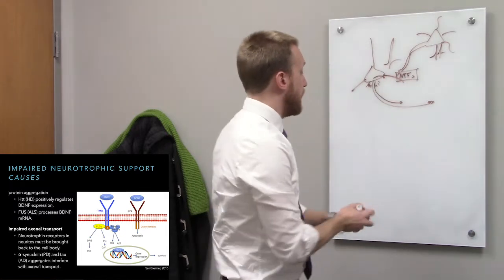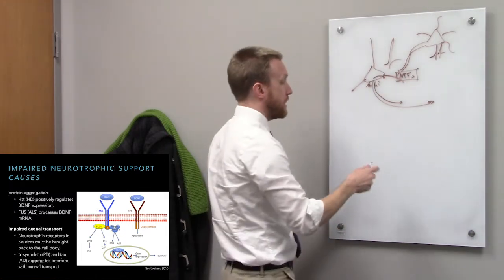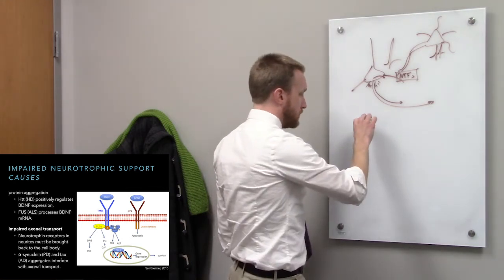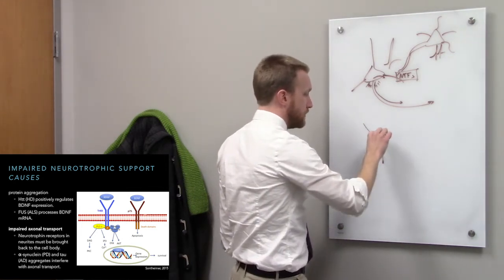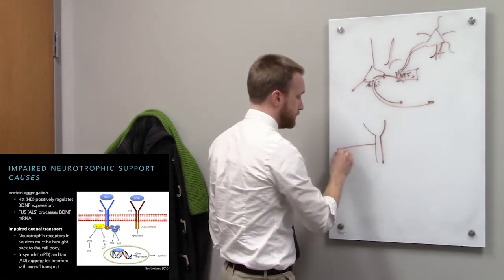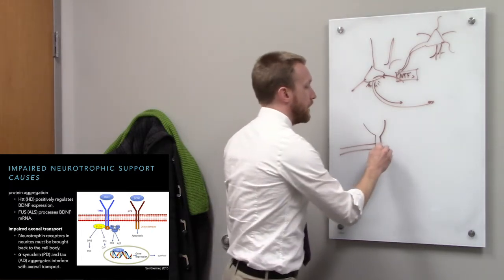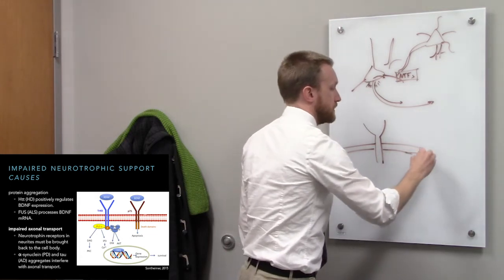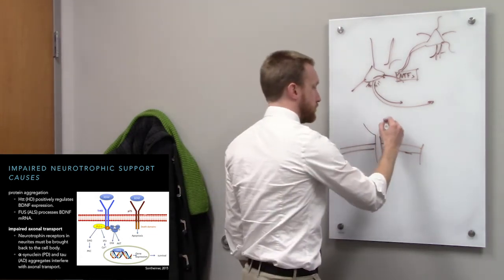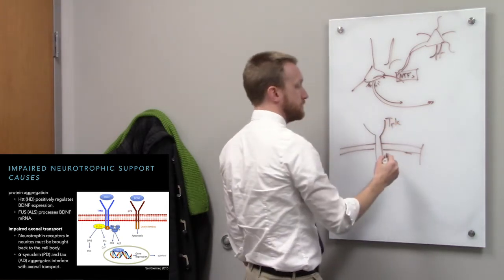What they do is bind to neurotrophin receptors, and these come in a few different varieties. They're all going to be dimeric receptors, so there's two subunits there. And we have two general classes of these. We have our TRK receptors.